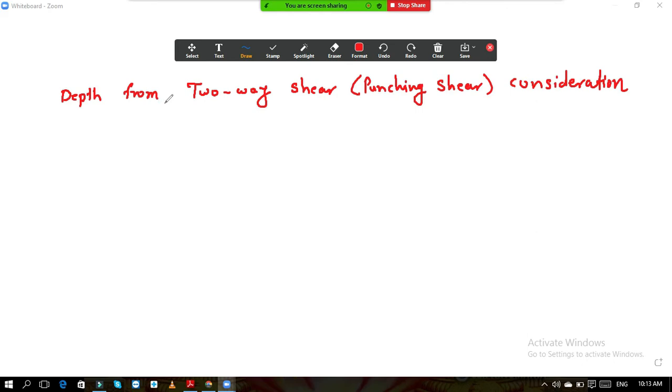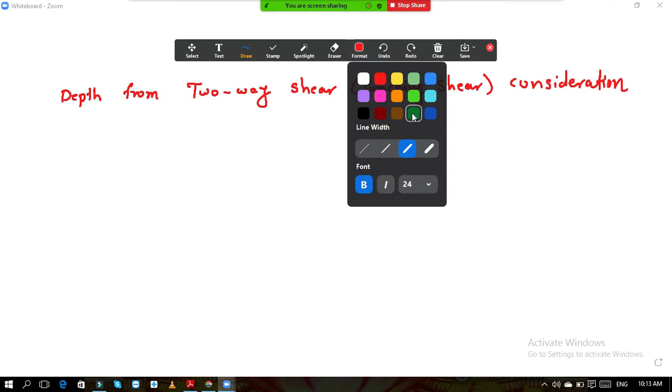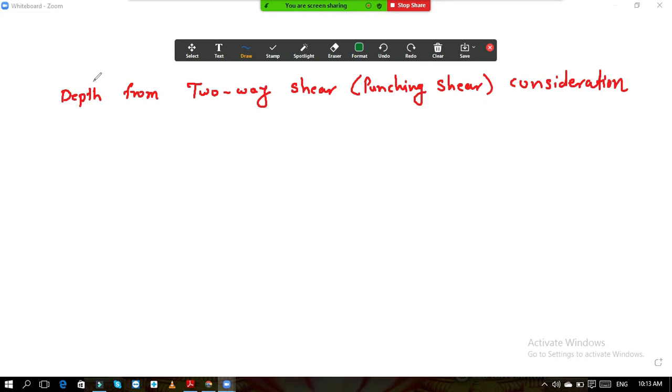Now we are going to calculate the depth by punching shear consideration. For two-way shear, as we have discussed, our critical section is at a distance of d by 2.